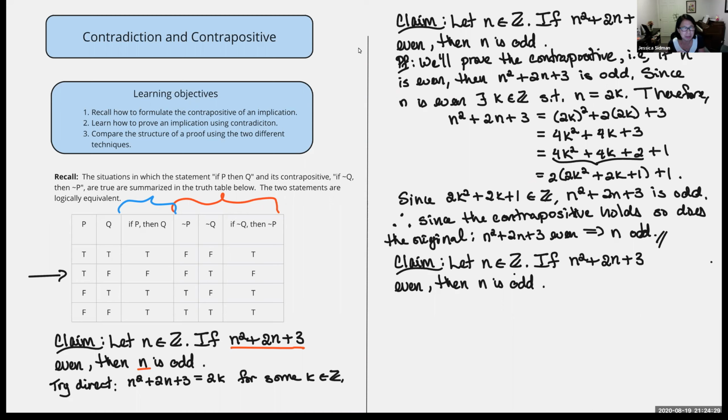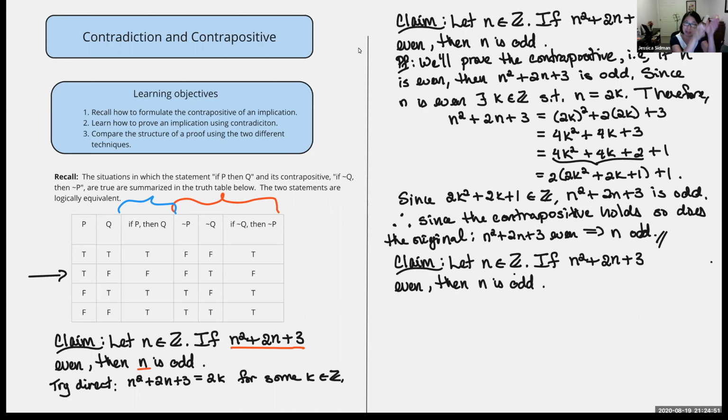People sometimes want to assume that P is true and implies Q is false, or something the other way around, I don't know. But you want to assume that P is true and Q is false.